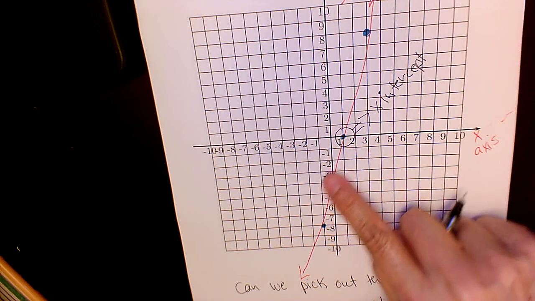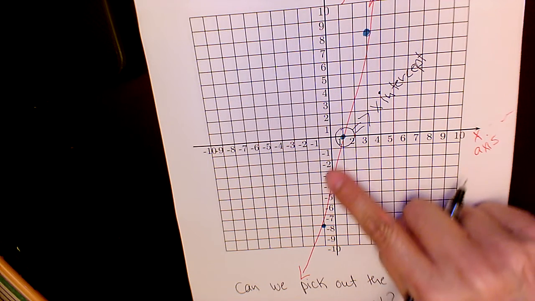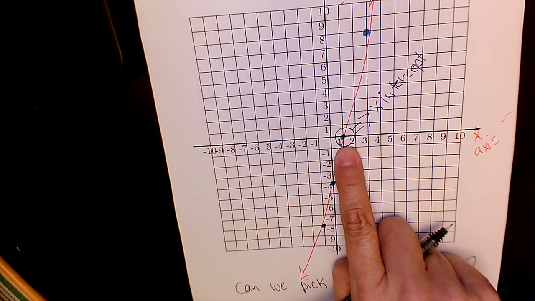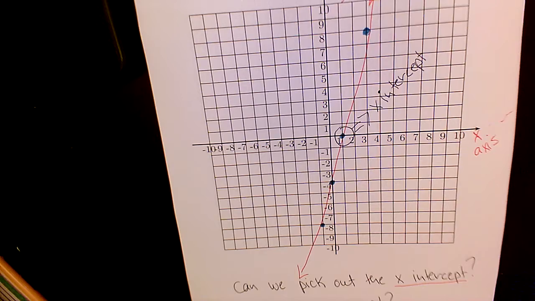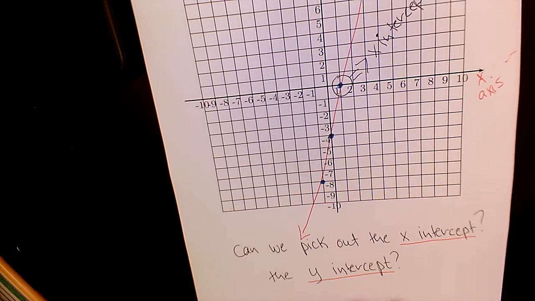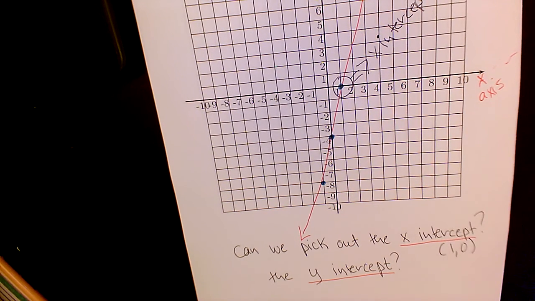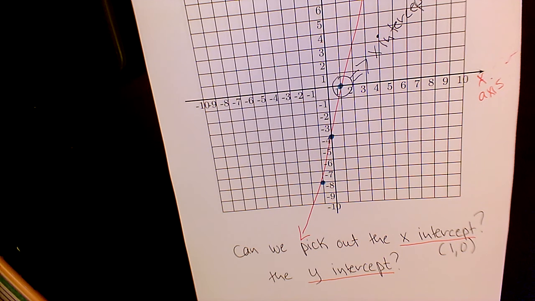Because here's where the graph or the line is hitting the x-axis. And what point is that? That is the point 1, 0. So 1, 0 is the x-intercept.